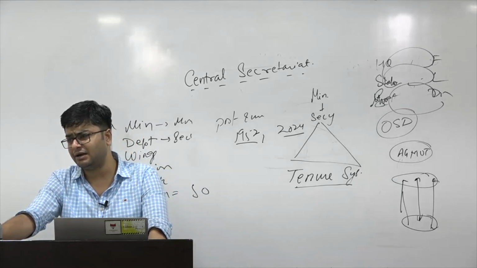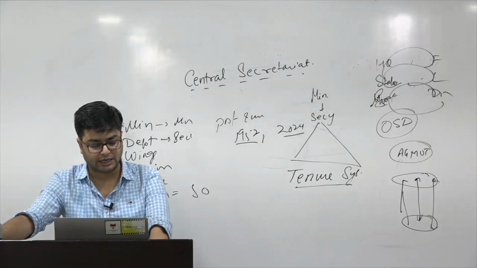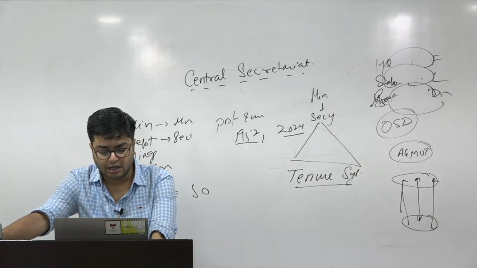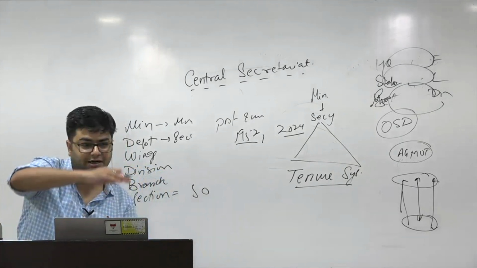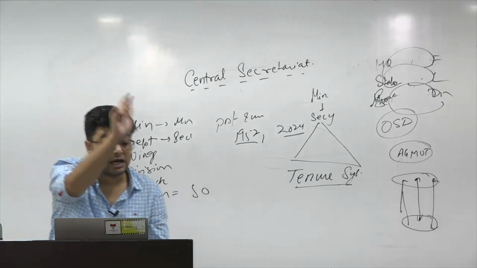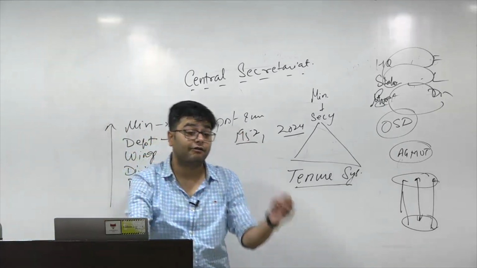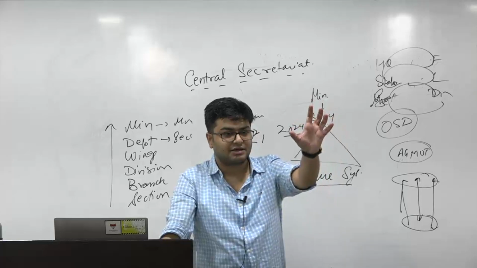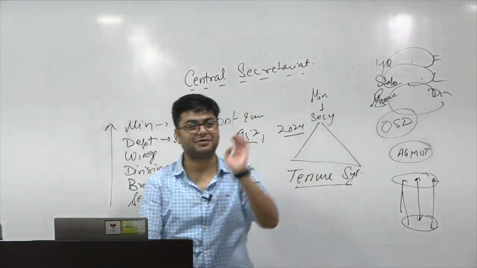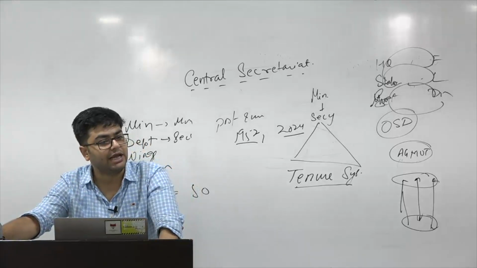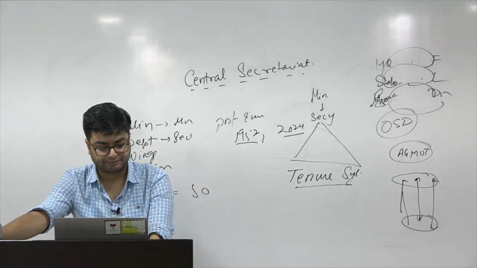For example, in audit and accounts, post and telegraph, customs, etc., they are highly specialized. So therefore, you see the under secretary, joint secretary, additional secretary posts are being filled from the IRS, from these specialized services, not the IAS. Just the secretary posts are largely being filled from the IAS.